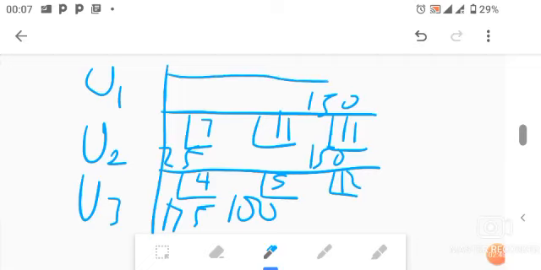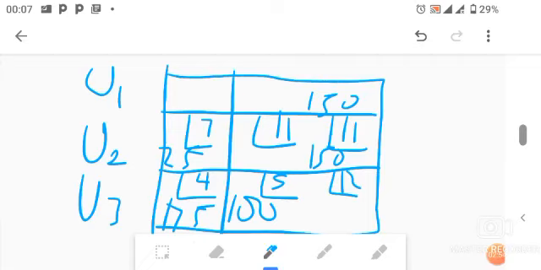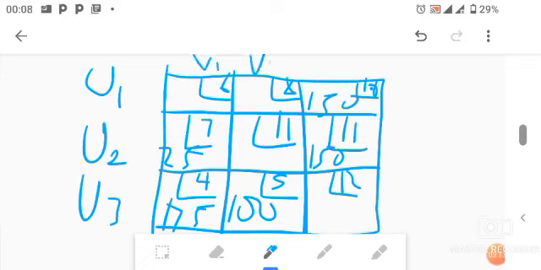Let me reduce that so that everything can fit. So that was the box for 10, the box for 8, and the box for 6. So you had those values there, U1, U2, U3, and then on top we had V1, V2, V3.